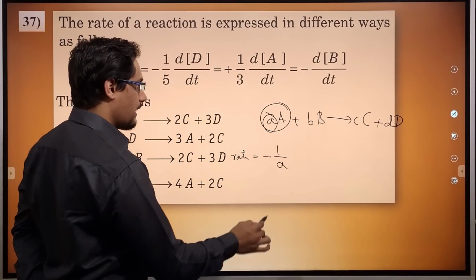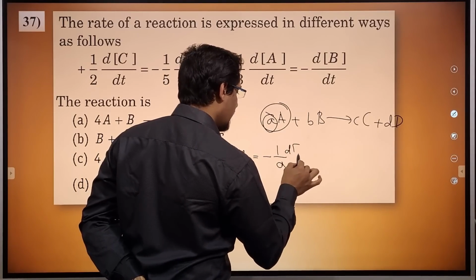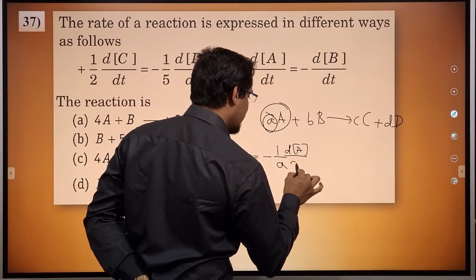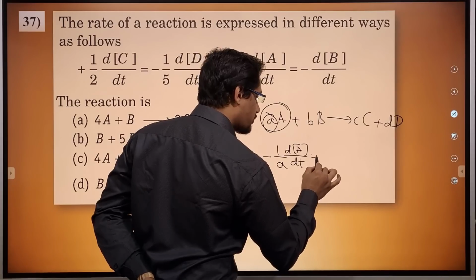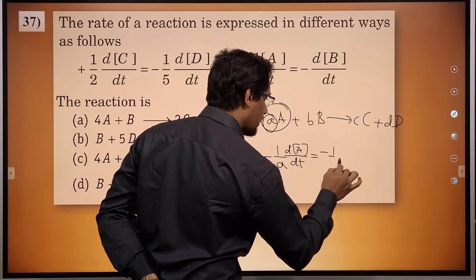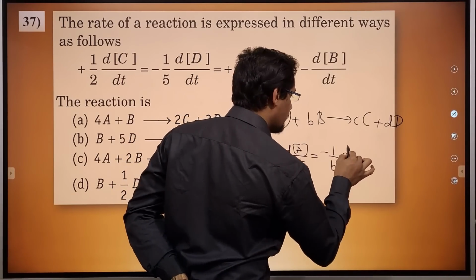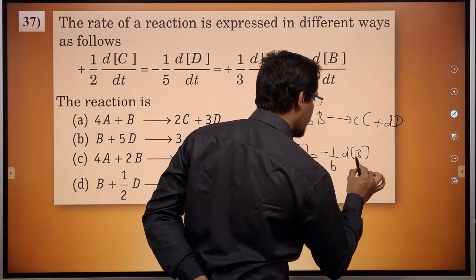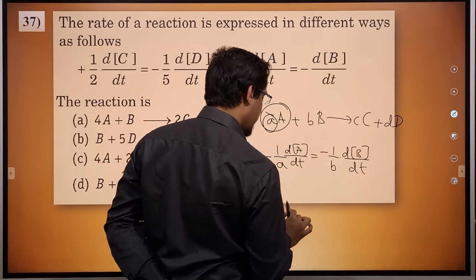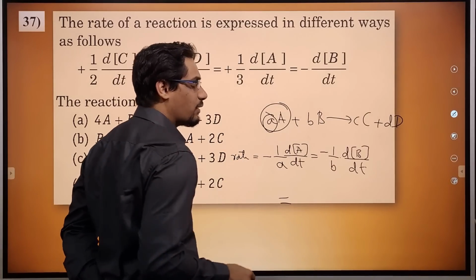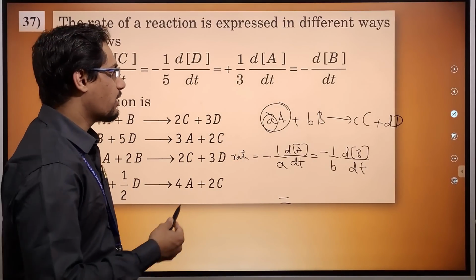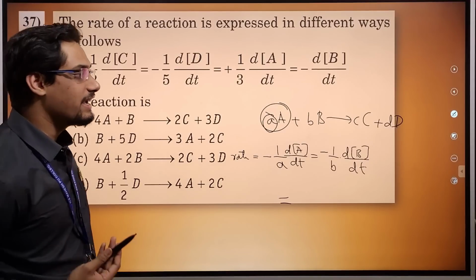Rate is equal to minus 1 by a dA upon dt, which should be equal to minus 1 by b dB upon dt. These are the reactants, which must have a negative sign because their concentration is decreasing.